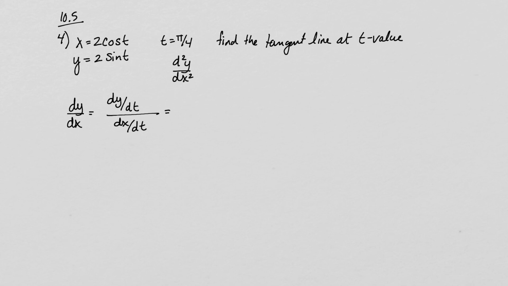Yeah, so dx over dt is minus 2 sine t, and dy over dt would be 2 cosine t. Okay. So that's the only part we're going to need to find the equation of the tangent line. We'll do that in a second.